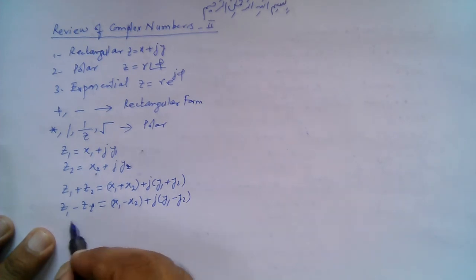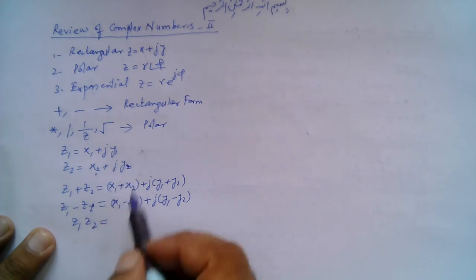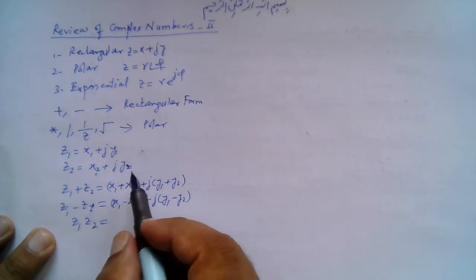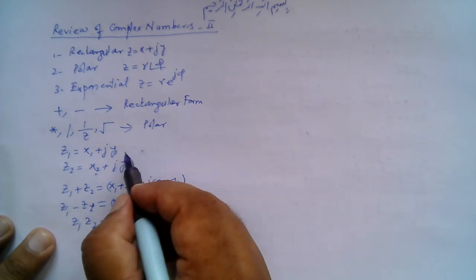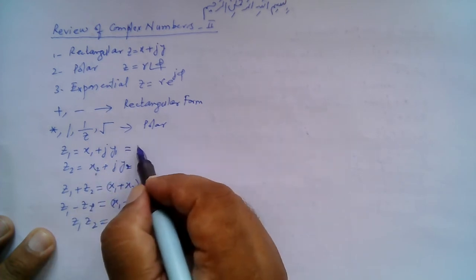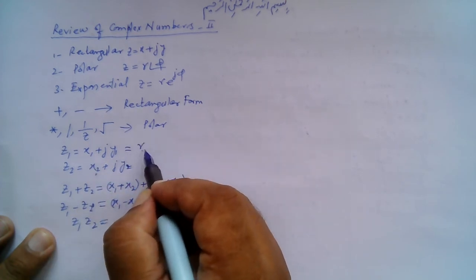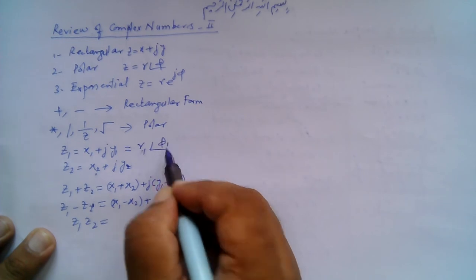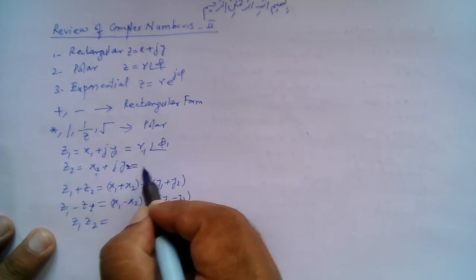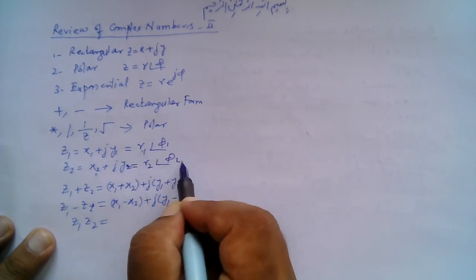And for example, the multiplication z1 z2, we will be better off if we use the polar form. So for example, let's represent the polar form of this number, r1 angle phi 1, and for this number, r2 angle phi 2.